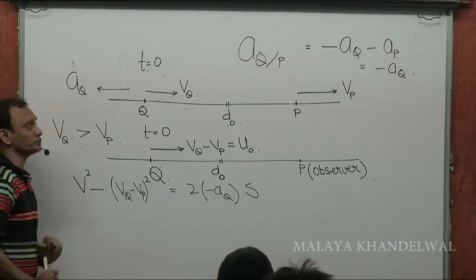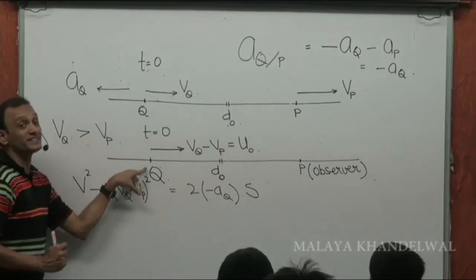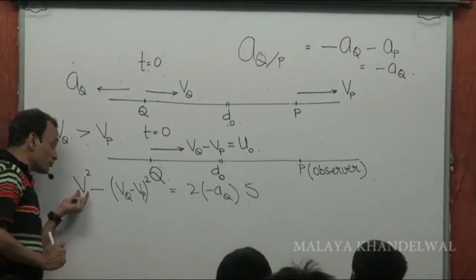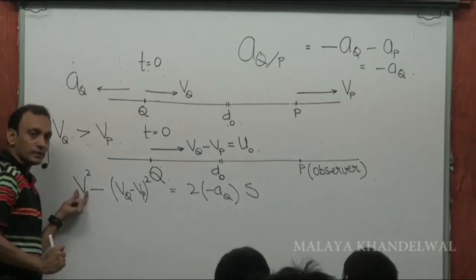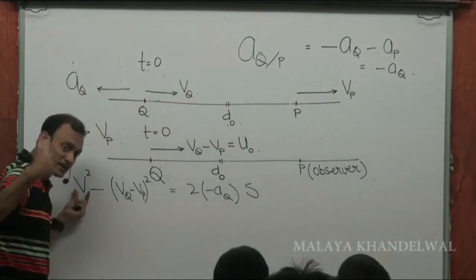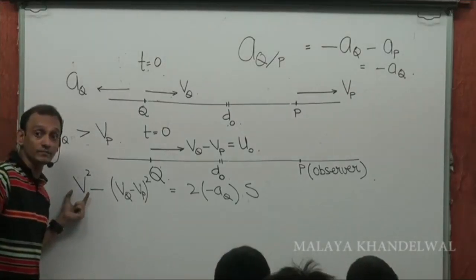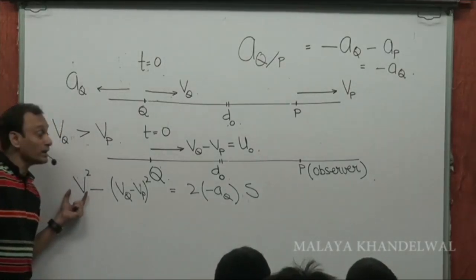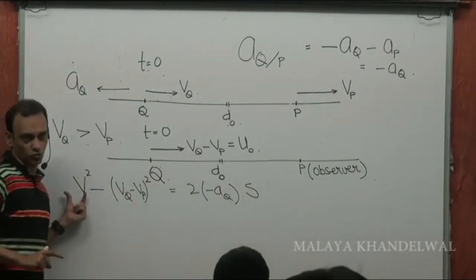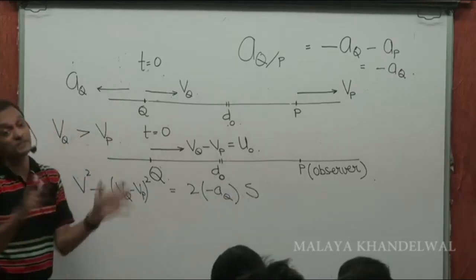Now, as seen by P, Q is retarded. That means velocity of Q would become 0 sometime. V is the velocity of Q as seen by P at various instants of time. Velocity of Q will become 0 at some instant of time. Right? Let me find out the displacement S of Q when V becomes 0.